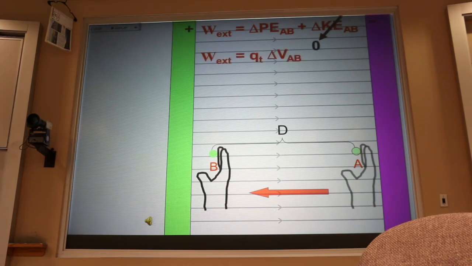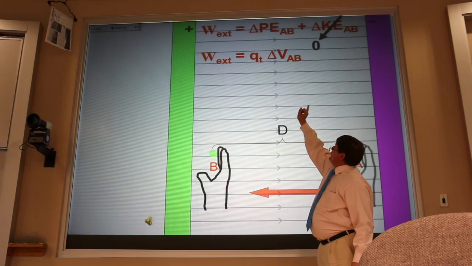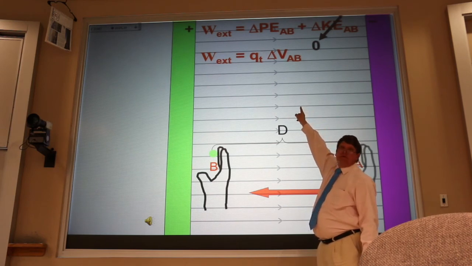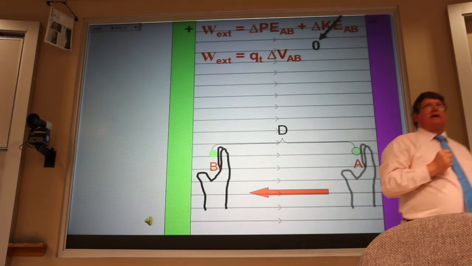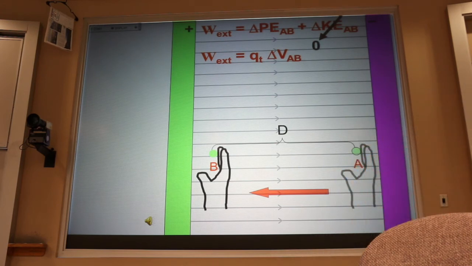And now I replace my electric potential energy with the test charge times the voltage. And that voltage is what I'm looking for a formula for. Well, how much work do I have to do as the external agent? Well, my force times the distance is the work.